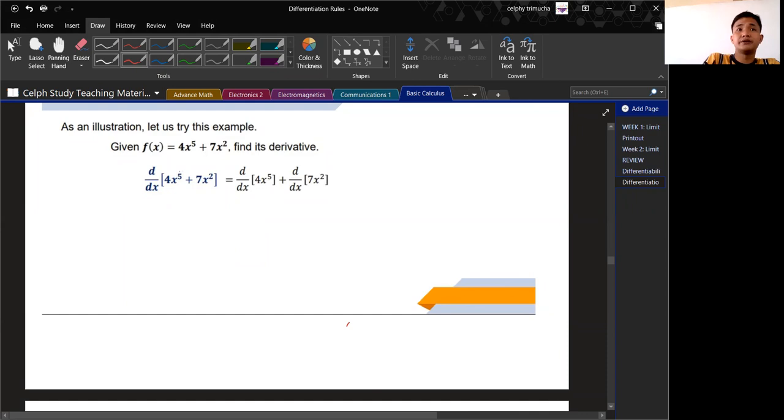For example, we are given 4x to the fifth plus 7x squared, which is our function of x. Then we are asked for its derivative.